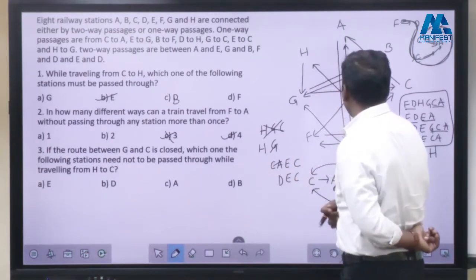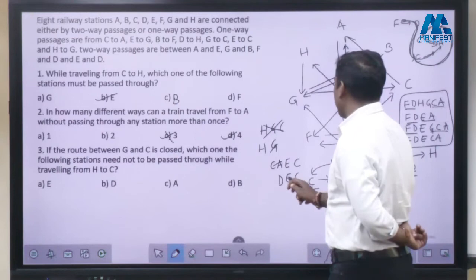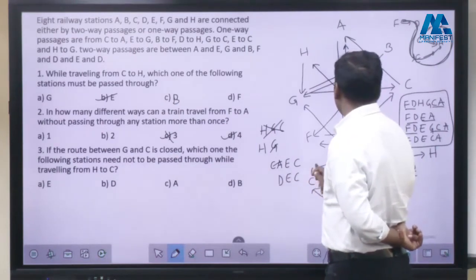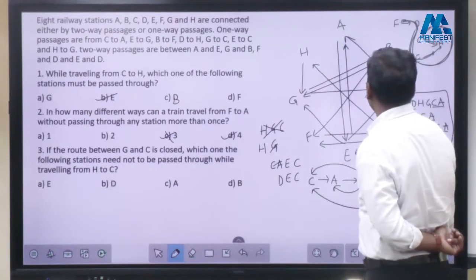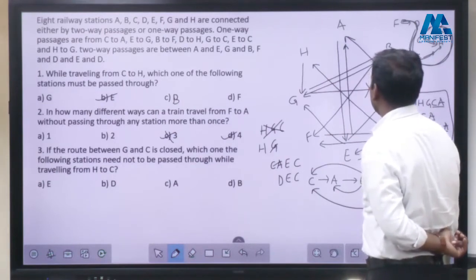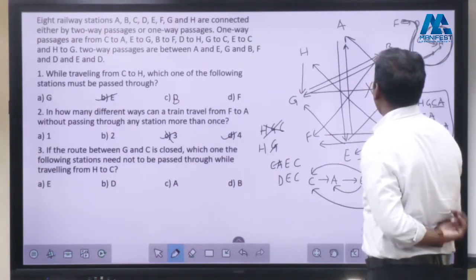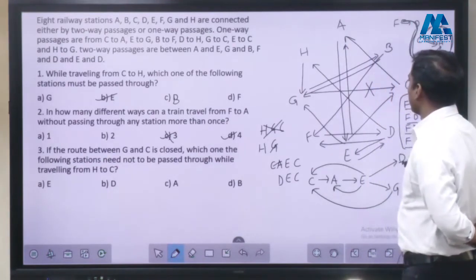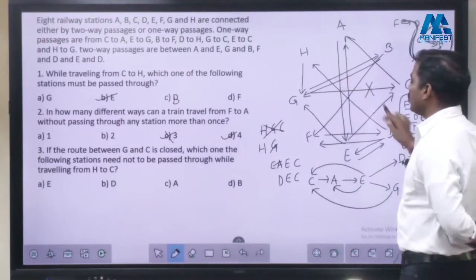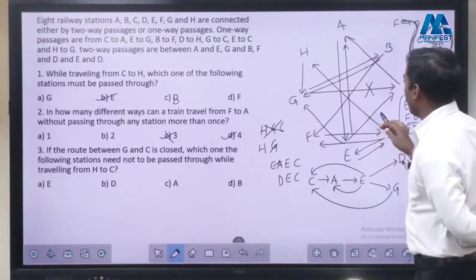So DEC or CED from backwards. So how to connect H and D now? You have to connect H to D. How do you connect?